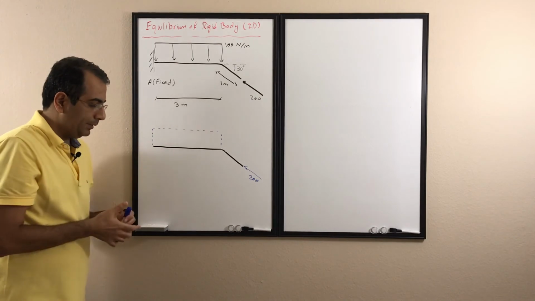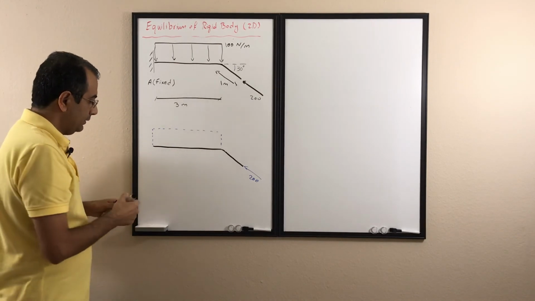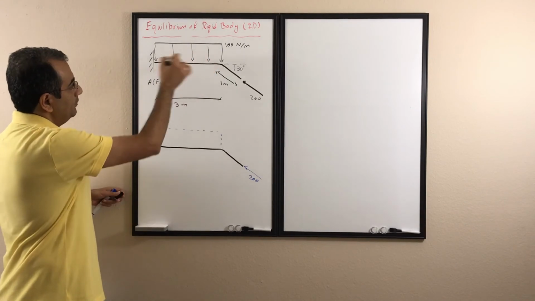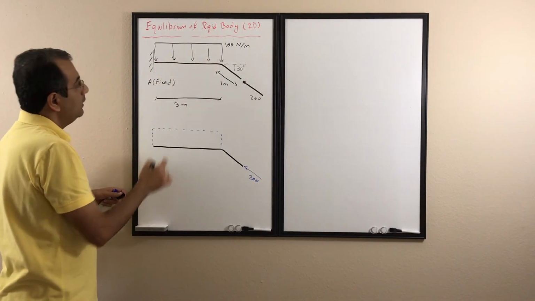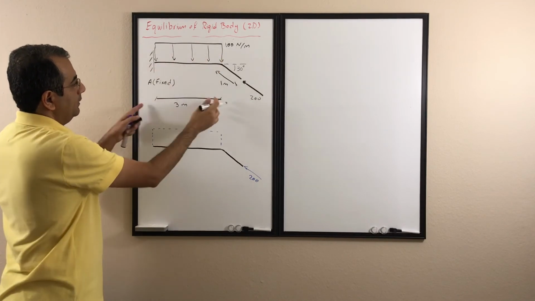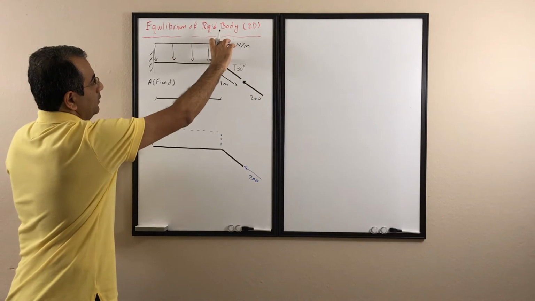For that single force, if I call it Fr, the magnitude of that force is going to be the area underneath this rectangle. This rectangle has a length of 3 and a height of 100.